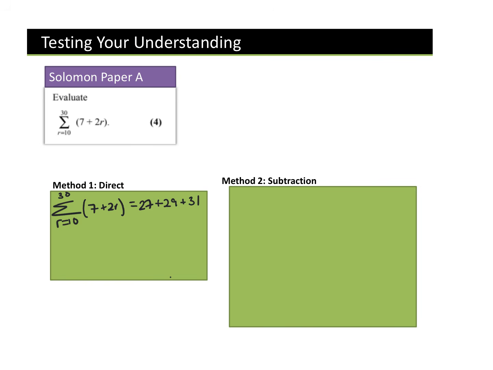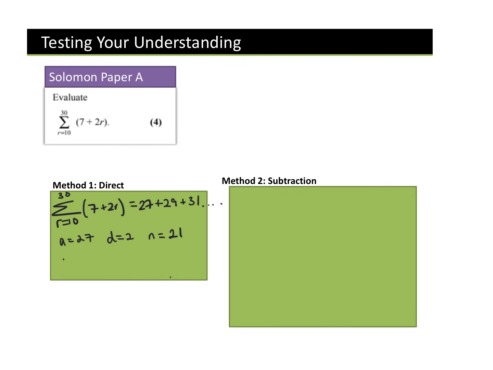Okay, so we can see here, this is the start of our sequence. So our first term value is 27. Our difference is 2. And our N is how many? Now remember, even though the difference from 30 to 10 is 20, we're including 10 and 30, so it's 21.